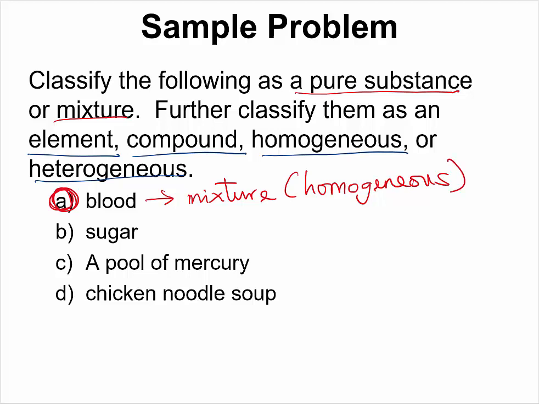Let us take a look at the second one, sugar. It is a compound. Table sugar is a compound, which means it's a pure substance. And it is a compound.